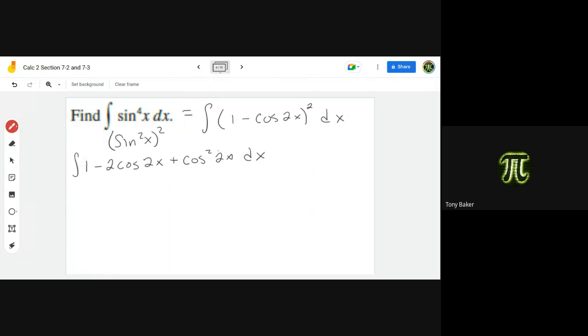And then would we change the cosine squared to? Yeah. So I can do the integral of that. I can do the integral of that, right? I cannot do the integral of that. So I've got to change that.